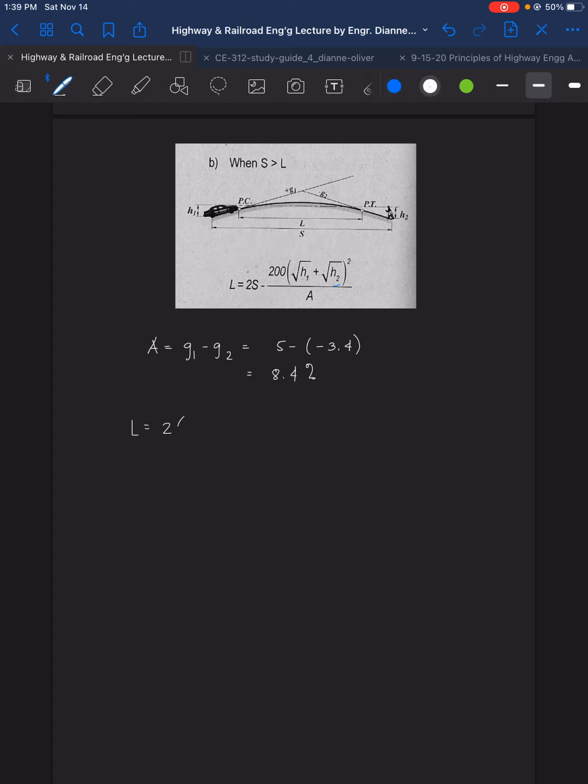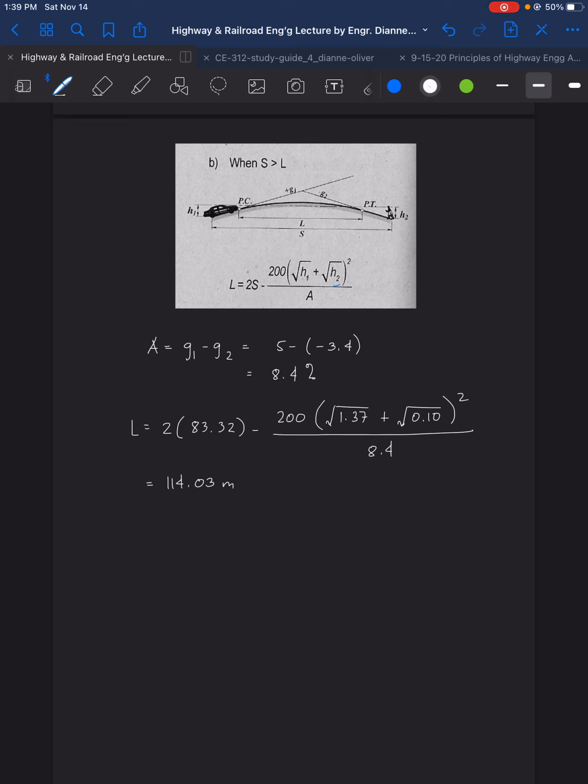So 2 times the S, which is 83.32, minus 200 times the square root of H1, 1.37, plus the square root of H2, 0.10, squared, all over the A of 8.4. So our answer here is 114.03 meters.